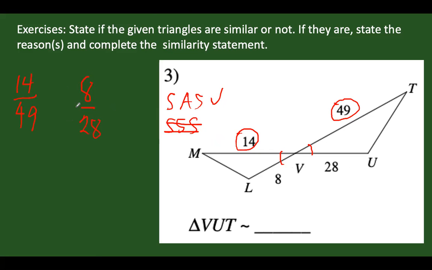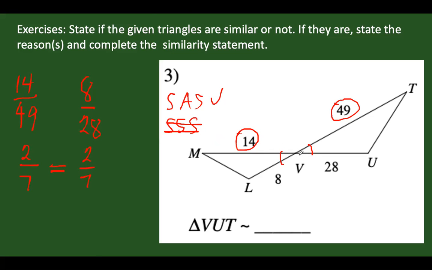Okay, here we go. So we already identified the ratios, and let's simplify to see if these two ratios are equal. By 7, so 2 over 7; by 4, this is 2 over 7. So the ratios are equal, and we have proportional sides in the given triangles.